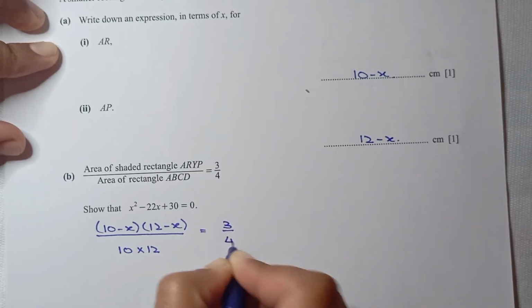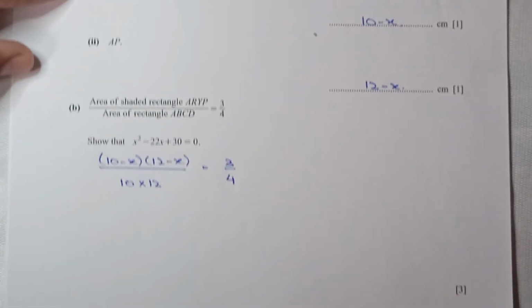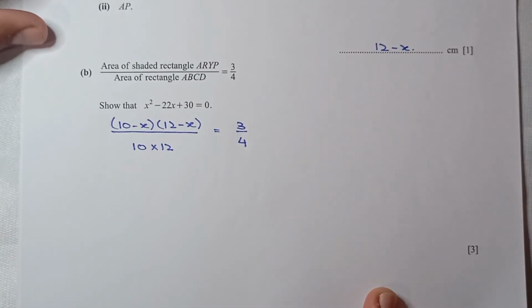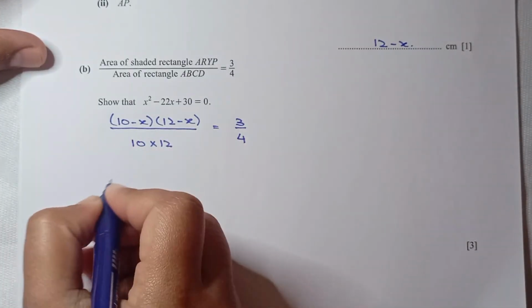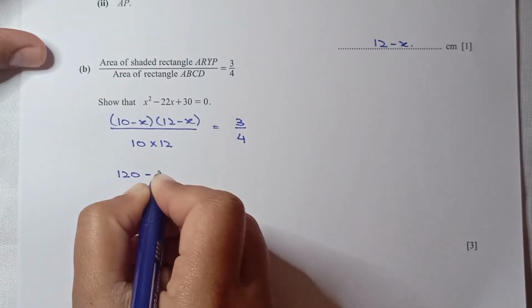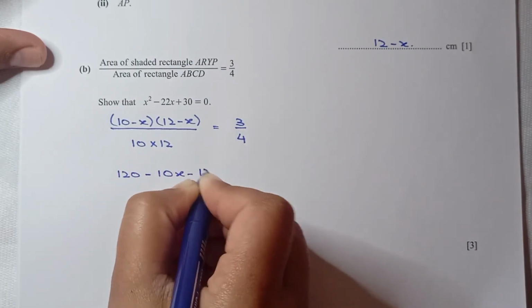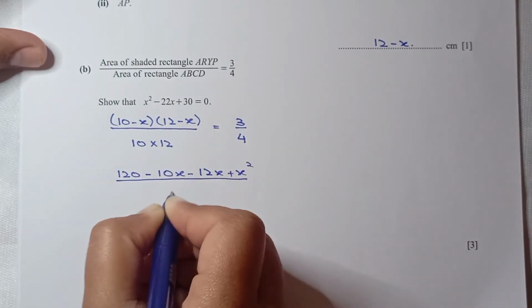So we need to simplify this equation and show this quadratic equation. Okay, let's start. 10 times 12 would be 120, subtract 10x, subtract 12x, plus x square, divided by 120.